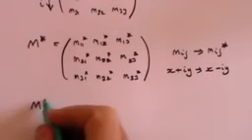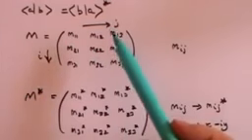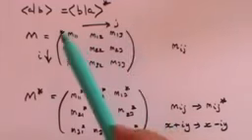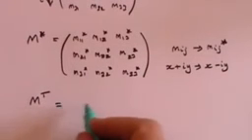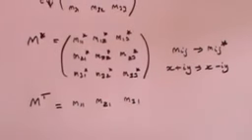Now I'm going to introduce you to the transpose of the matrix. All you do here is you interchange rows and columns. The diagonals stay the same, but the matrix essentially flips over. So the rows become columns and the columns become rows. So M T now becomes M11, M21, M31, as opposed to, you'll notice, M11, M12, M13.